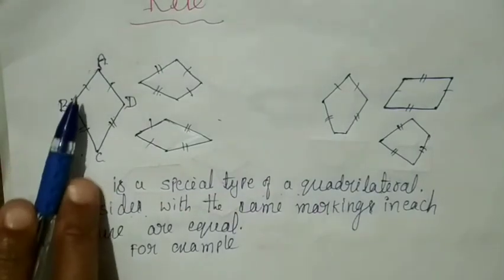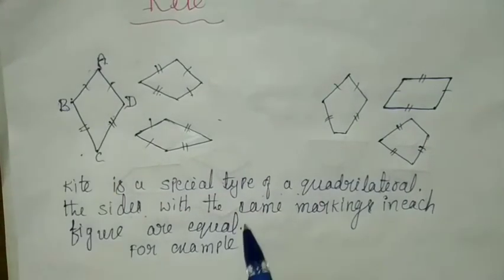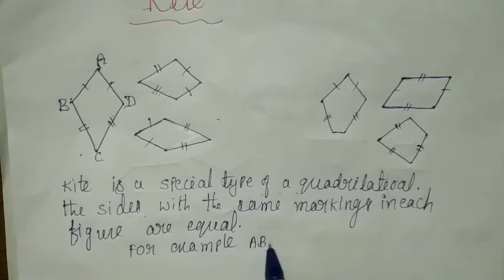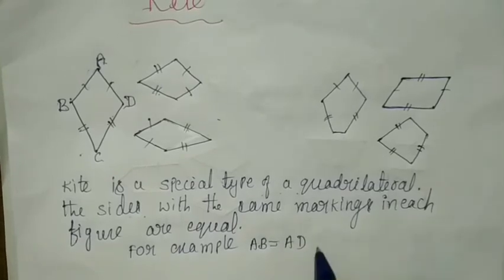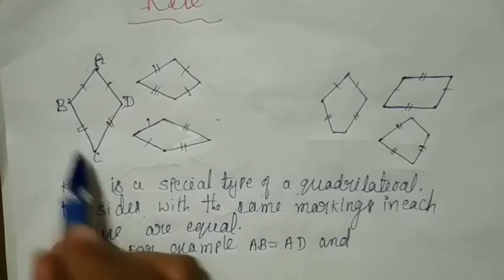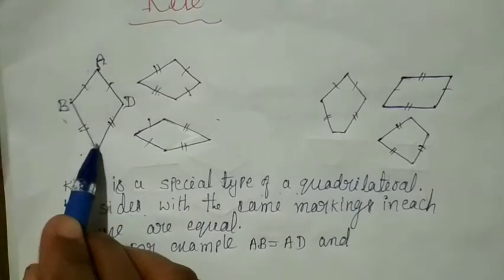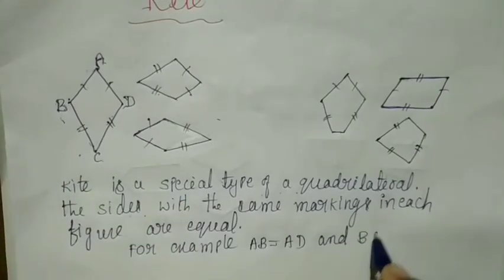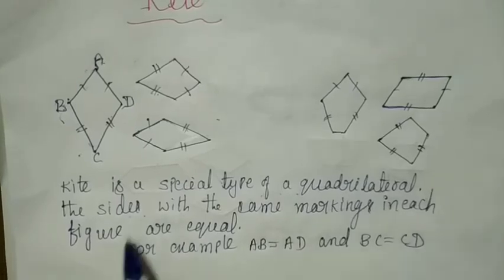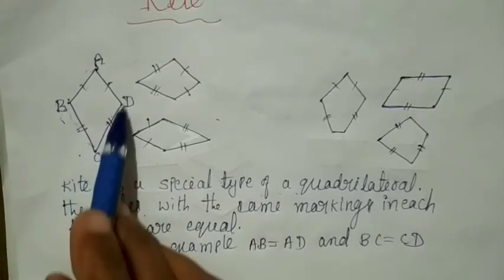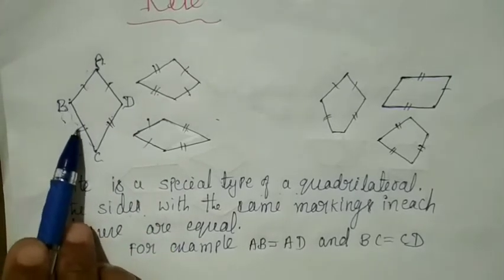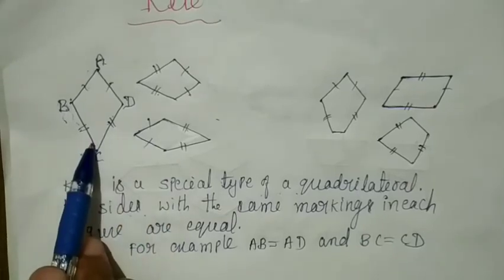These sides have the same marking. Okay, AB is equal to AD. Now take another one. BC is equal to CD. Here BC is equal to CD, with the same marking in each figure.